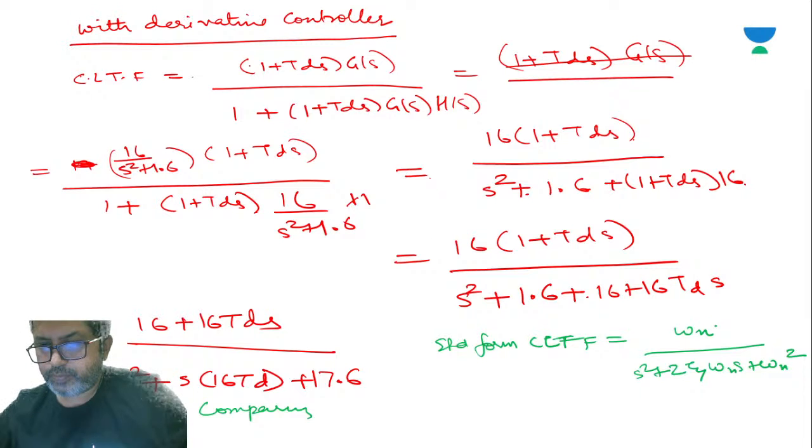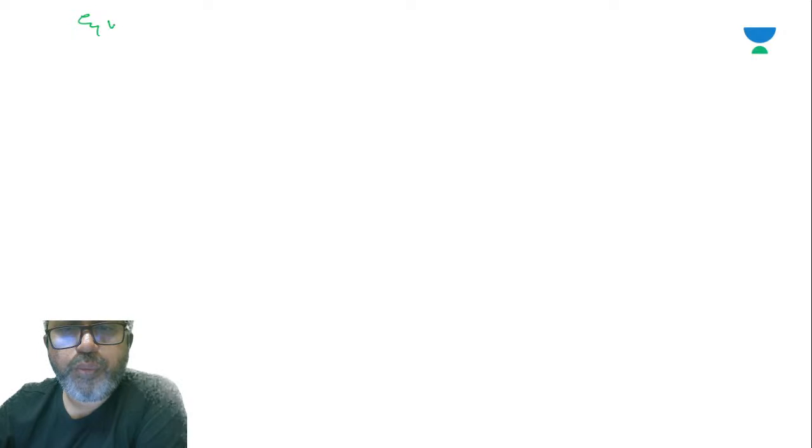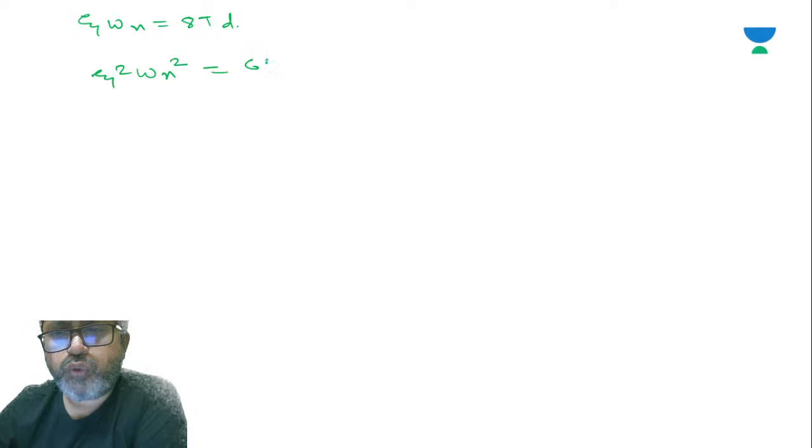So comparing, 2 zeta omega n is equal to 16 TD, omega n square is equal to 17.6. So zeta omega n equal to 8 TD.